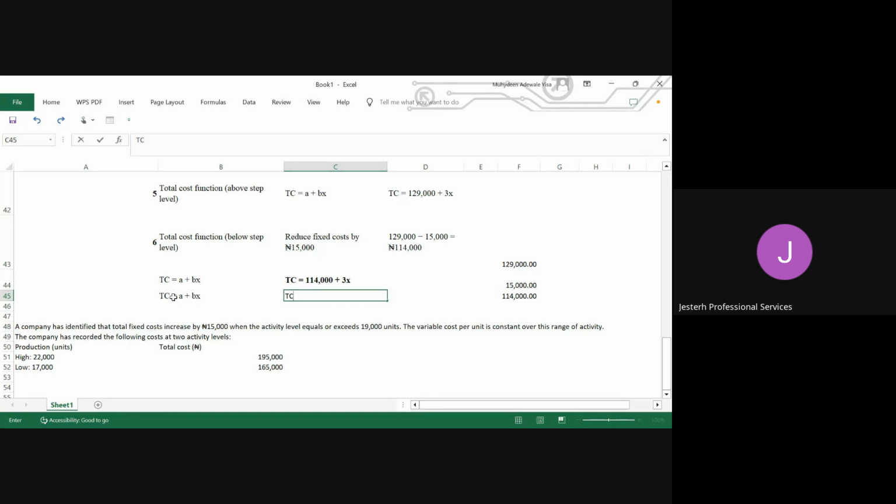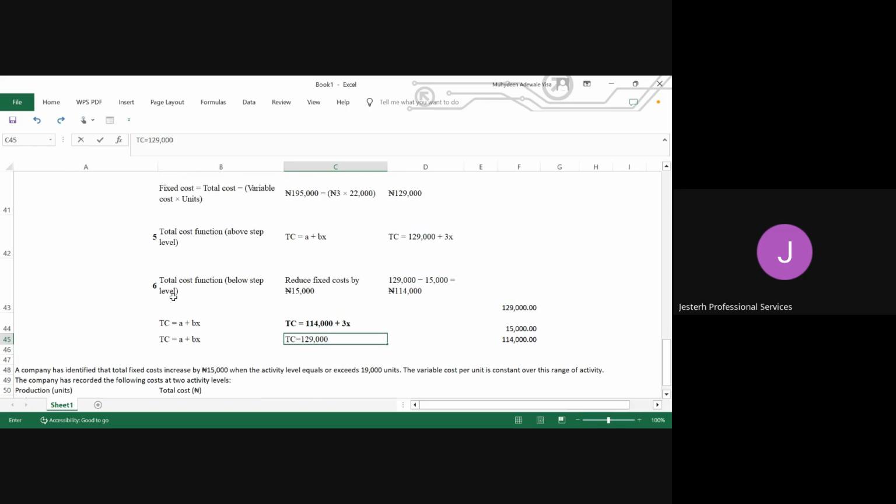Now we'll say our cost function will be total costs equal to 129,000, if the level of activities is above the 19,000, the unit that was given in the equation, plus the variable cost that we have determined, which is 3 naira, multiplied by the level of activities, which stands as X. Now, this is another cost function.